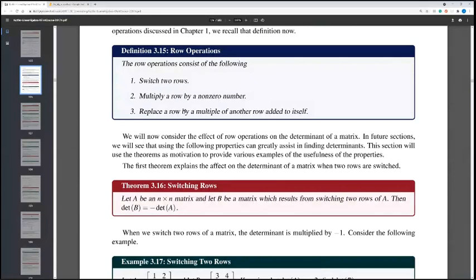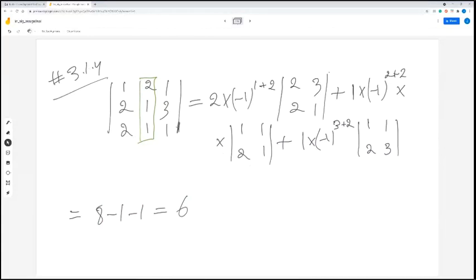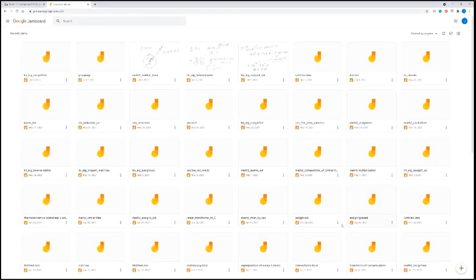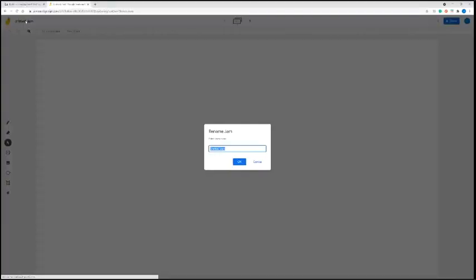Okay, so let's say you are given a determinant. Let me start a new, create a new jam, because now it's a new topic, and call it properties of determinants.